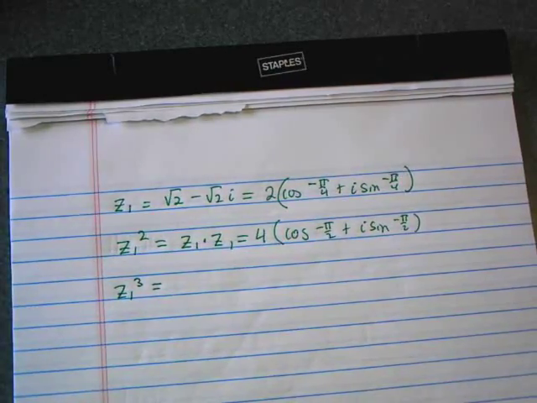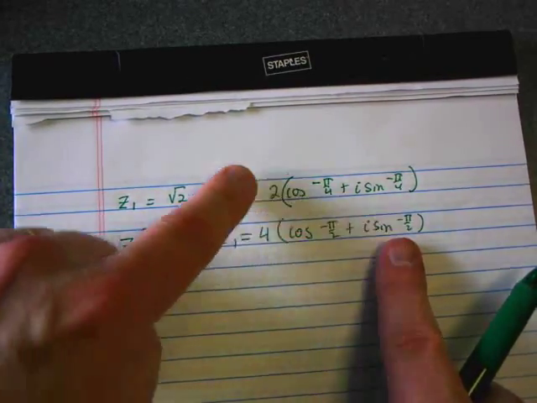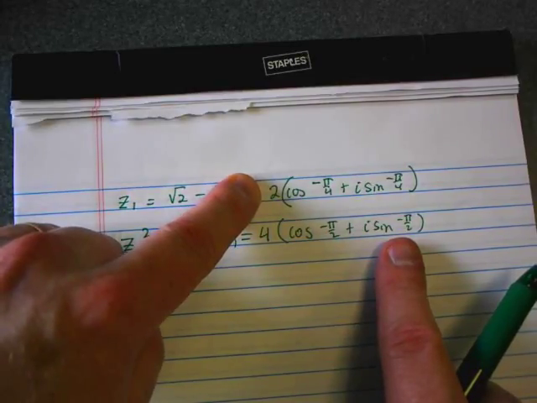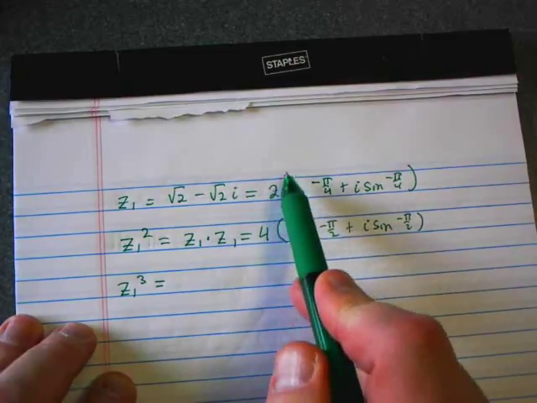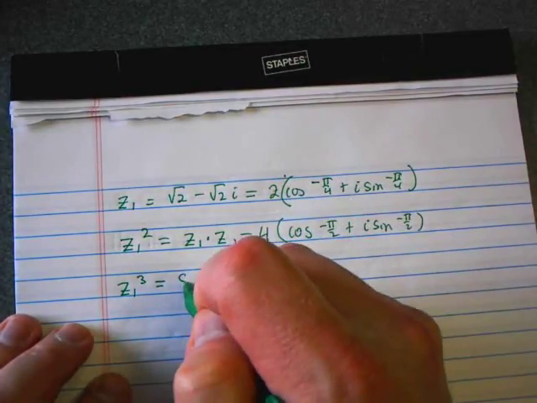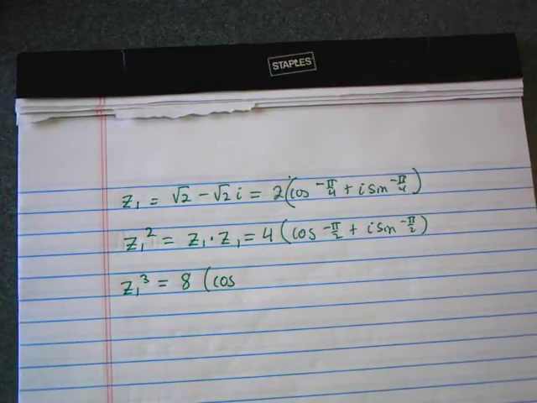What if I wanted to take that number and cube it? I could multiply that by what I just did. So I would multiply the 4 times the 2. 4 times 2 gives 8, which notice happens to be the 2 cubed, the original number cubed. So I'd have 8 times cosine of, I would add my angles.